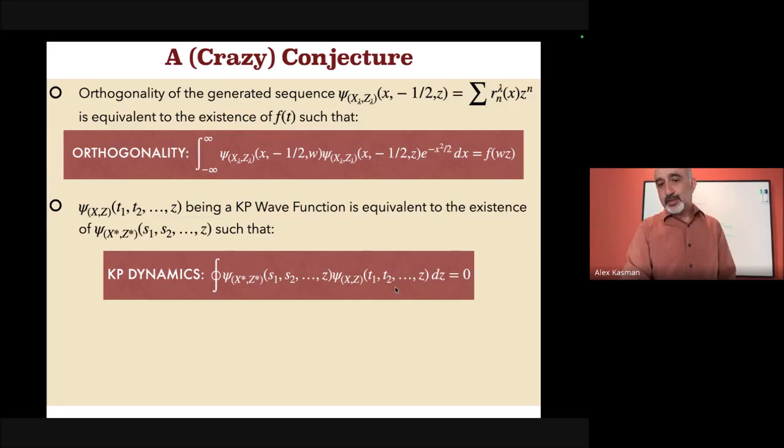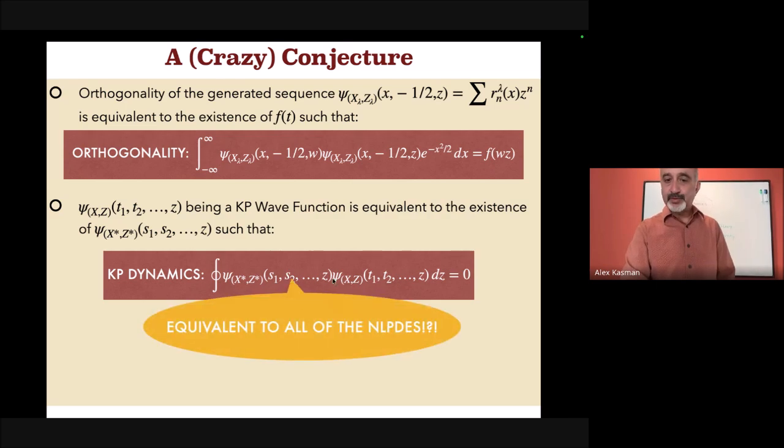So it's a 0 residue formula. And I was focused on the fact that these look kind of similar and thinking maybe this is the connection between KP, because this is somehow equivalent to all the nonlinear PDEs. Somehow this is the connection between KP and orthogonality, is that these two things are in some way the same.